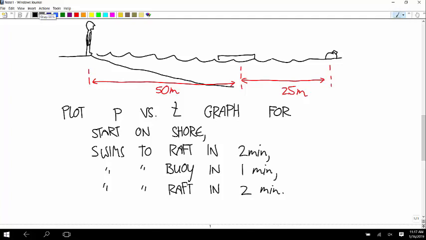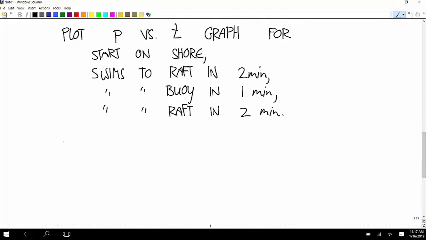To plot a graph of position versus time, position is going to be a function of time. So we know we need to make these three choices: where our zero is, what our positive direction is, and what our zero time is going to be. Let's do it two different ways. First, we'll choose zero position at the shore.